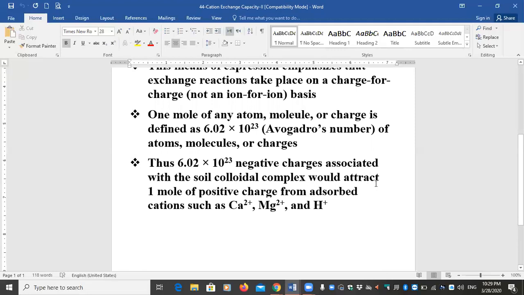They will attract 1 mole of positive charges, charge for charge. 1 mole of negative charges will require 1 mole of positive charges, regardless of where it comes from. Calcium, magnesium, hydrogen, a combination of these, a combination with other cations, it does not make any difference. Charge for charge.